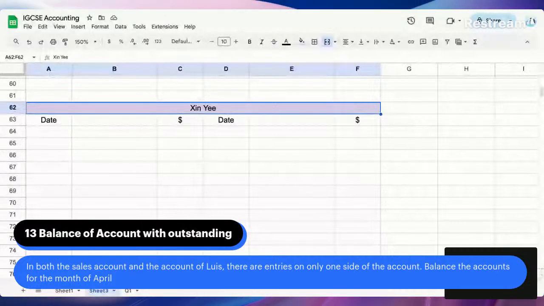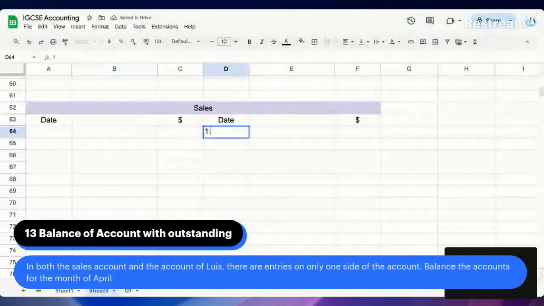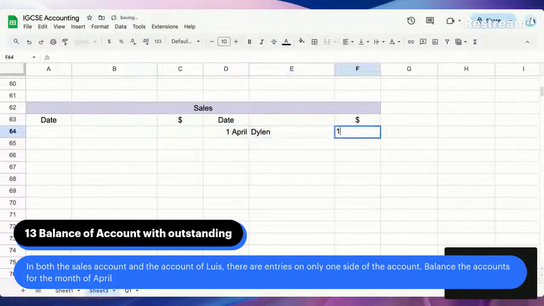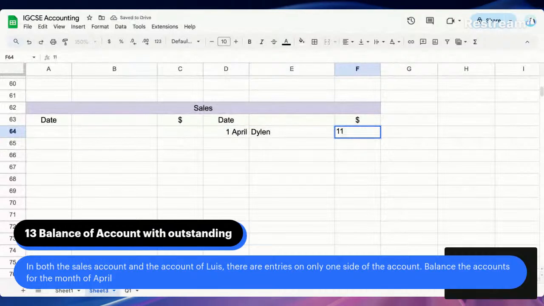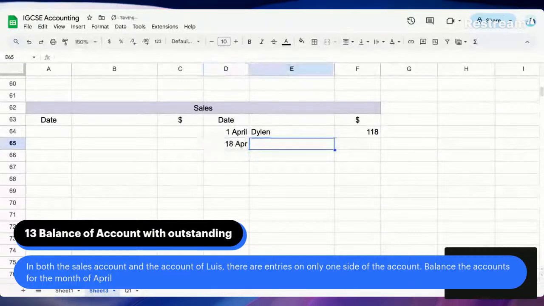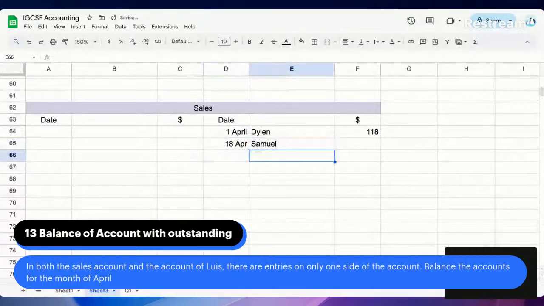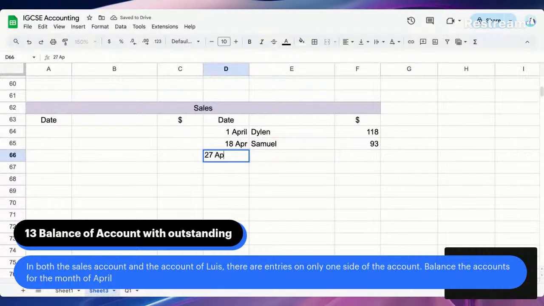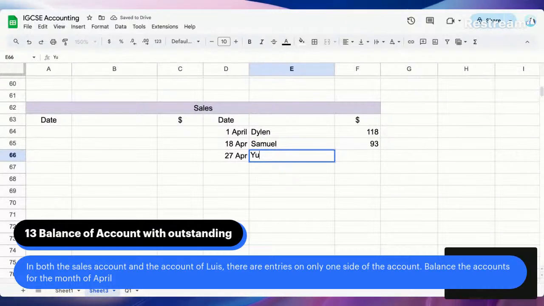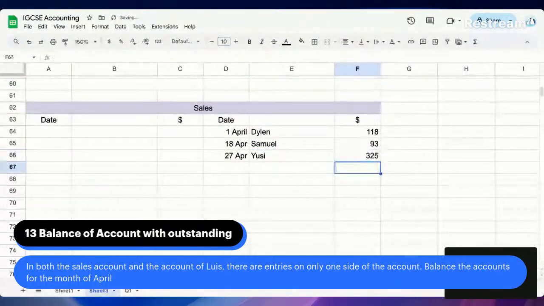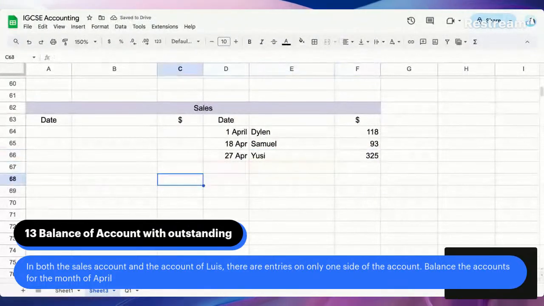For the sales account, on the 1st of April, there are some transactions. On the 18th of April, Samuel also bought something, which is 93, and then on the 27th of April, Yushi is 325. So this is sales, and it happens in this way.